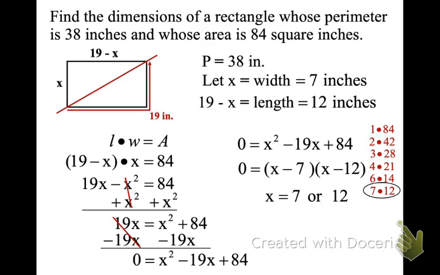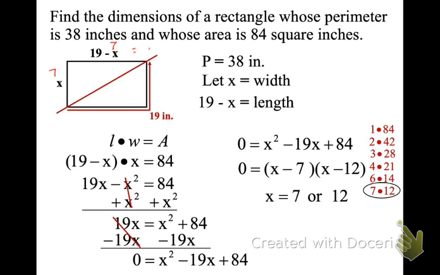And so now I'm going to substitute in. I have to substitute in and figure out which one works. x can't be both. If x is 7, that works, and it makes this side 12 and this 7, right?